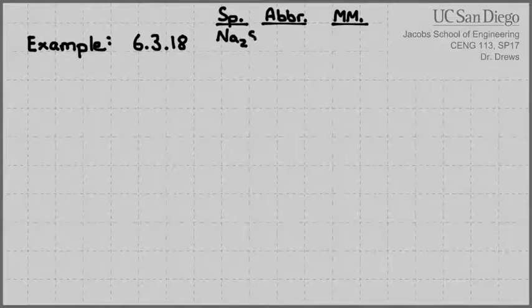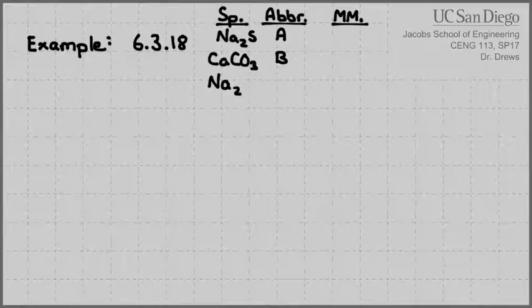There's Na2S, which we're going to call species A. There's calcium carbonate, I believe, which we're going to call species B. Then I think that's sodium carbonate.